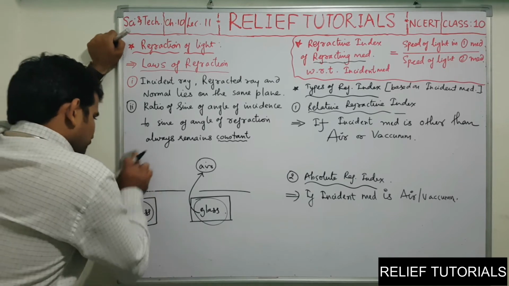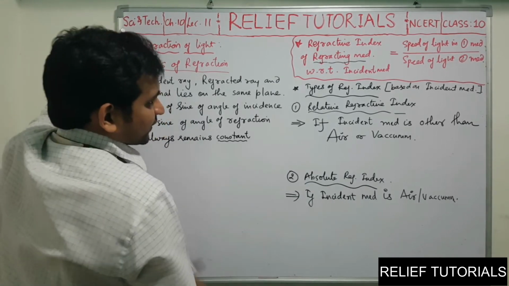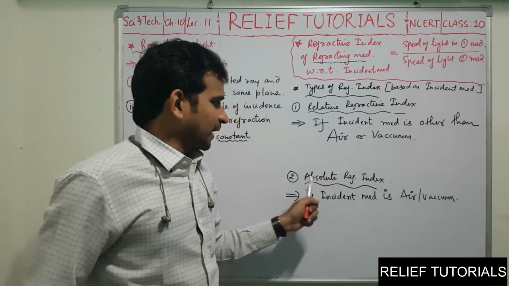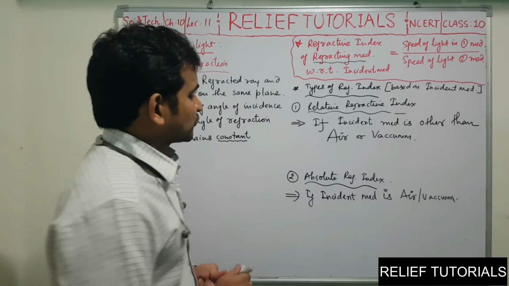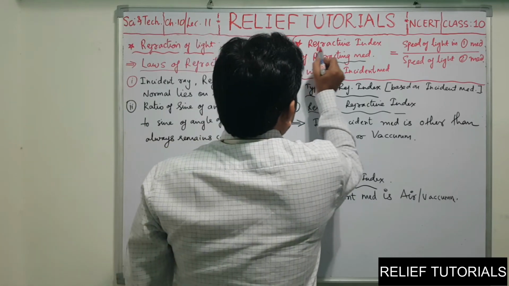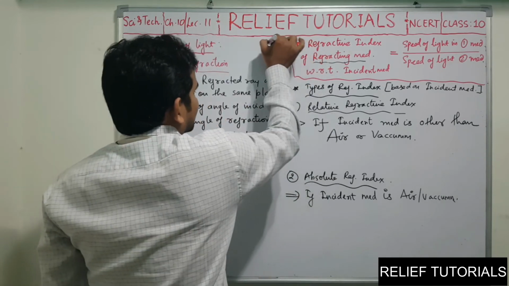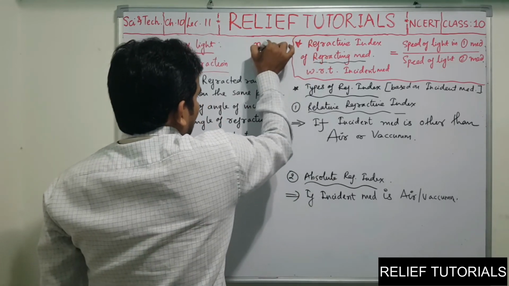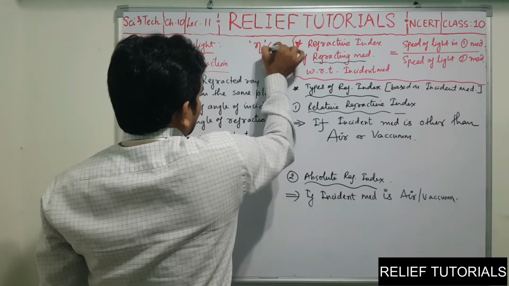Okay, so there are two types of refractive indices: relative refractive index and absolute refractive index. Now there are some symbols to denote refractive index. Refractive index is always symbolized by eta. Symbol for refractive index is eta.